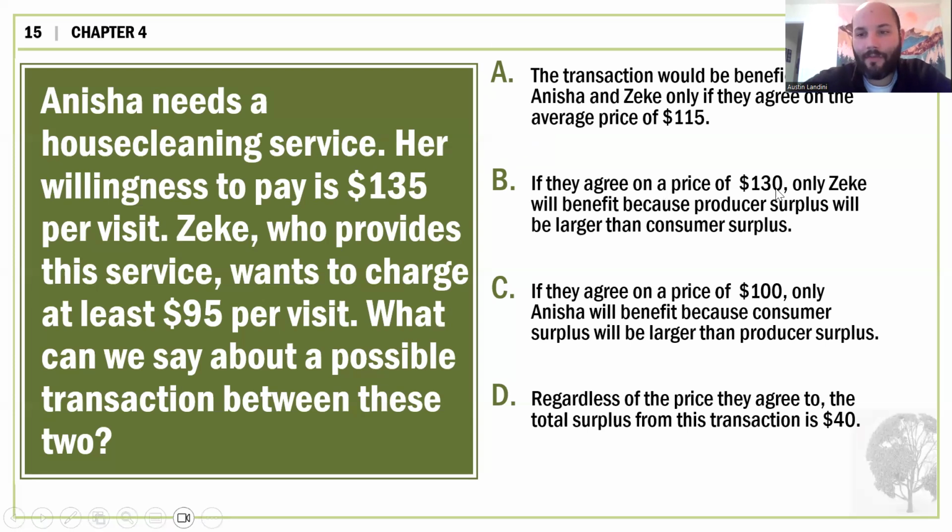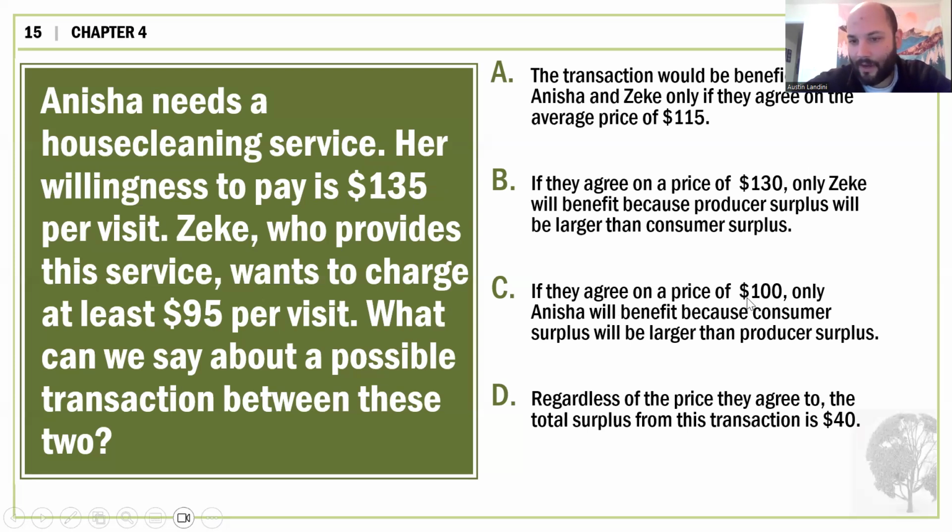If they agree on a price of 130, Anisha's willing to pay 135, so her surplus would be $5. Zeke only needs to charge 95, so he would get a producer surplus of 35. But we can't say that only Zeke is benefiting, because Anisha still has some consumer surplus here.